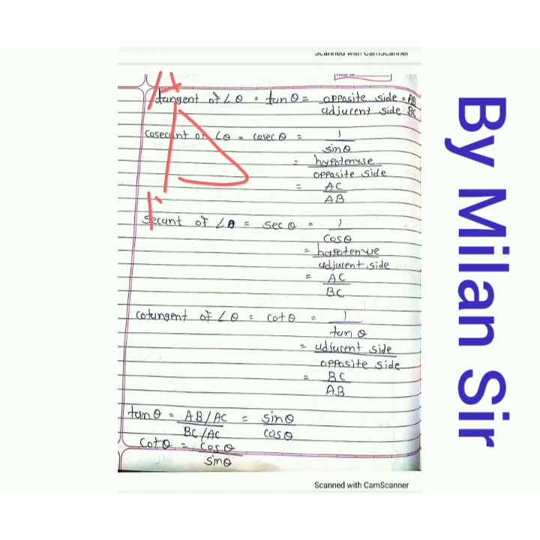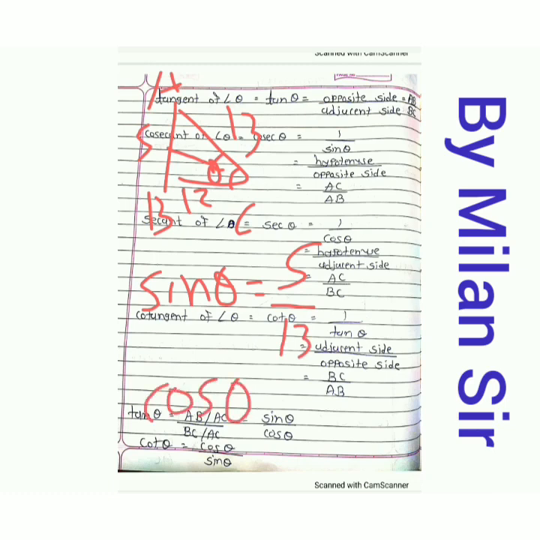A, B and C. Here is my theta. 5, 12 and 13. So sin theta is equal to, sin theta means opposite, that means 5 upon hypotenuse, that means 13. So cosec theta is equal to 13 upon 5, hypotenuse upon opposite, right?